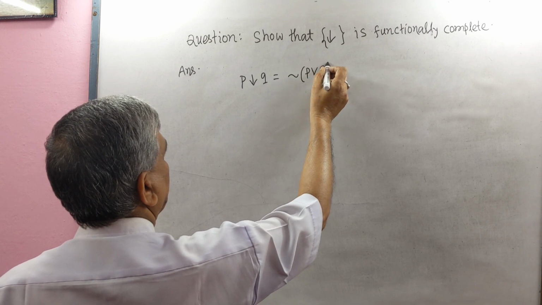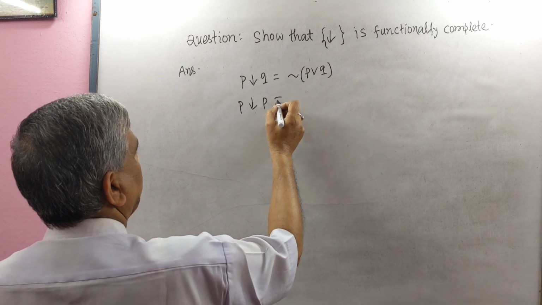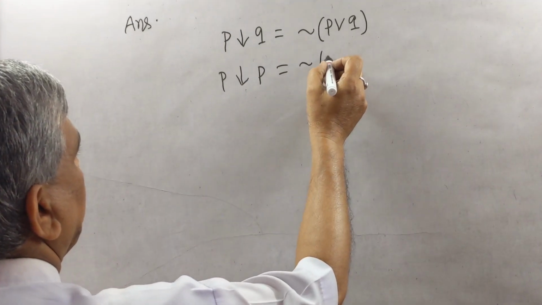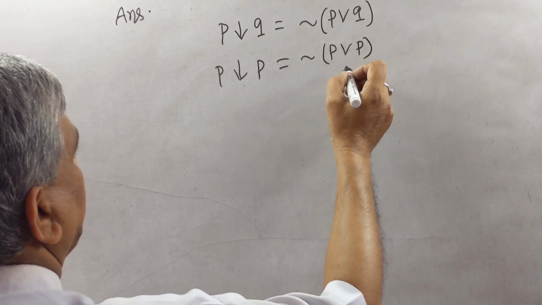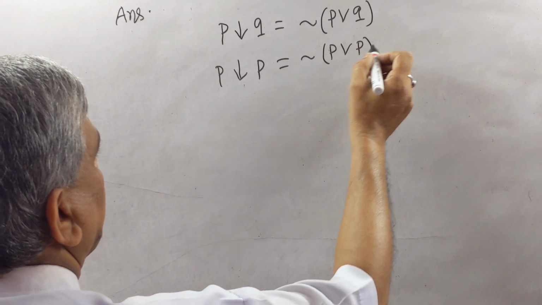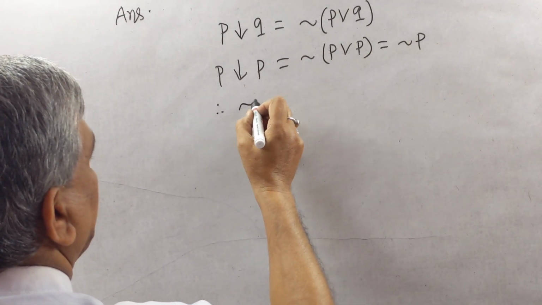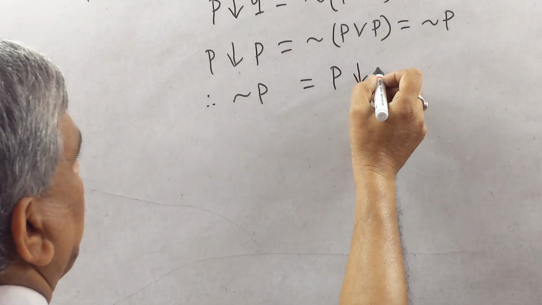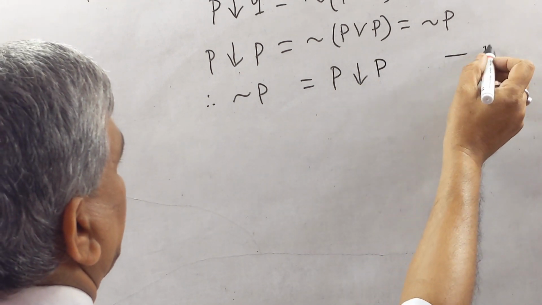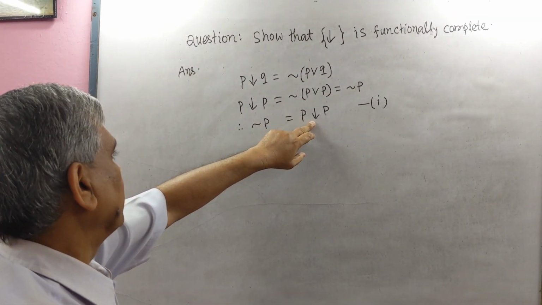So P NOR P equal to negation P. Therefore, negation P equals P NOR P. This is number one. So negation can be expressed with the connective NOR only.